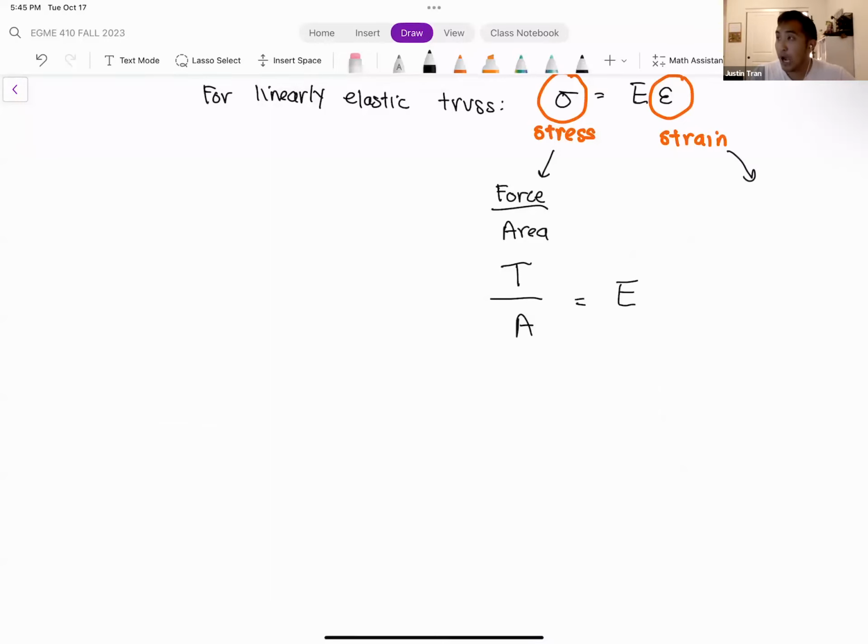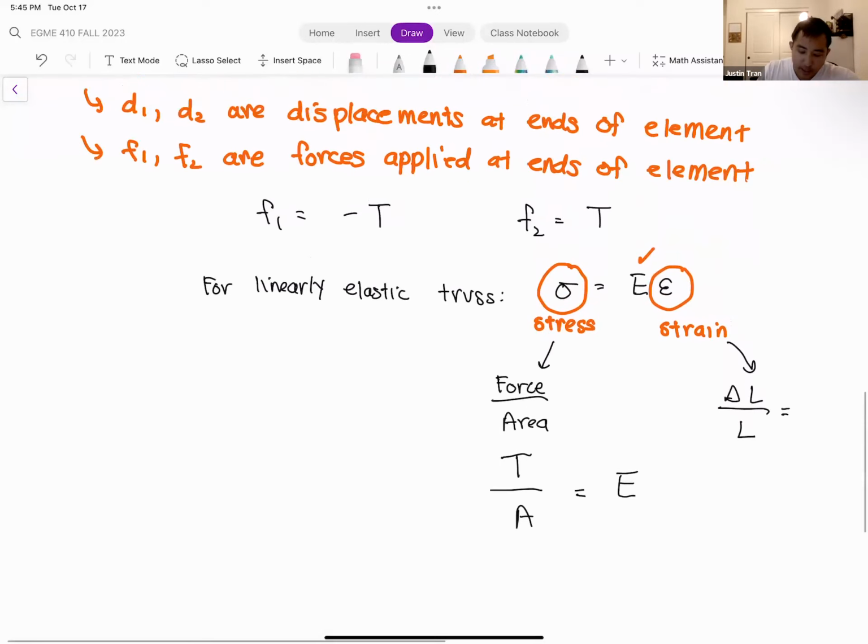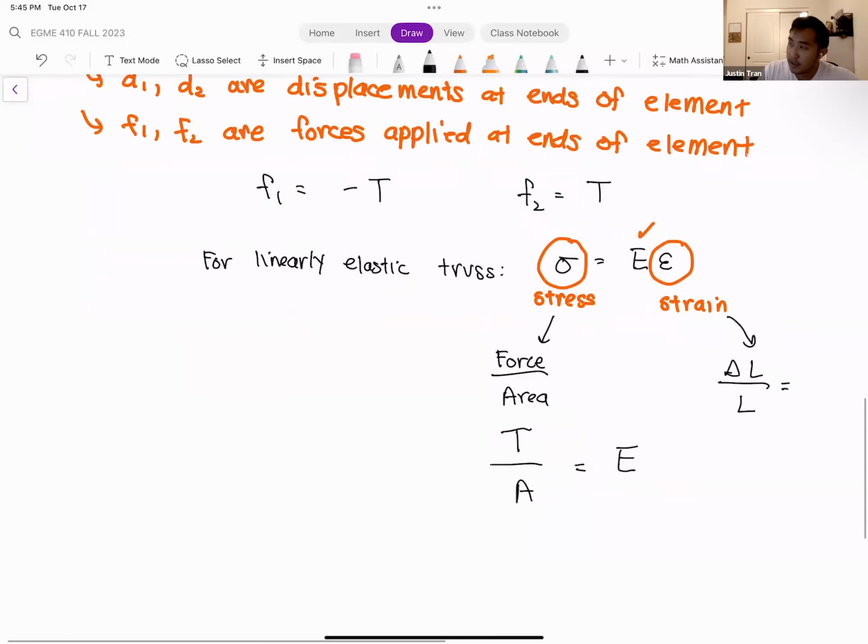Now we need to represent the strain using the variables in the problem. For a one-dimensional truss like this, the strain is equal to the change in length divided by its original length. The change in length we can represent using the deformations at the ends.